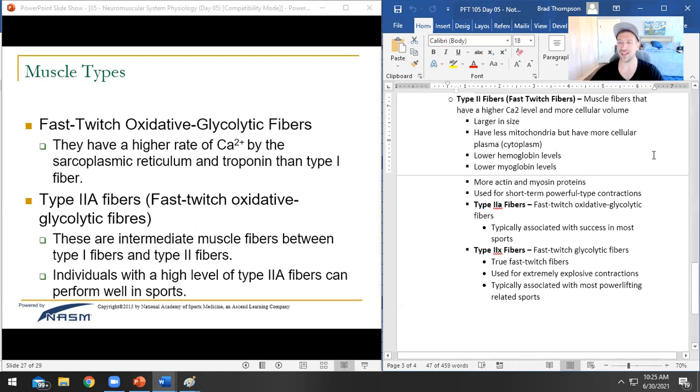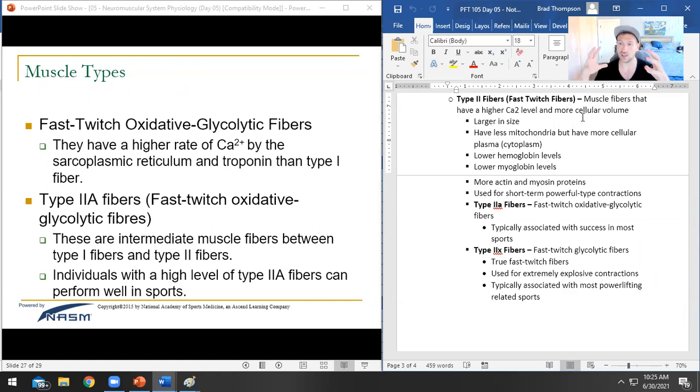These are muscle fibers that have a higher calcium level and more cellular volume. So type 2 fibers are larger in size, which means they have more cytoplasm and greater storage of calcium ions, which we know creates our contractions.